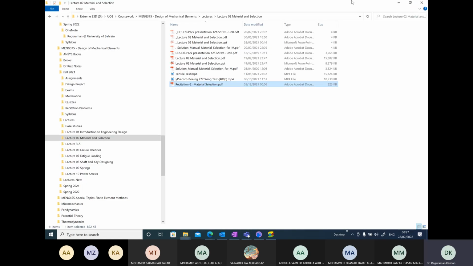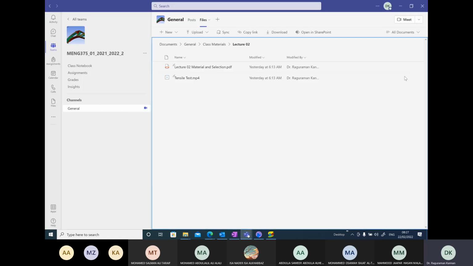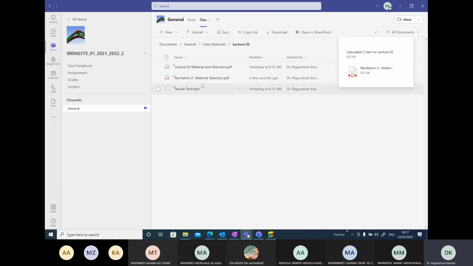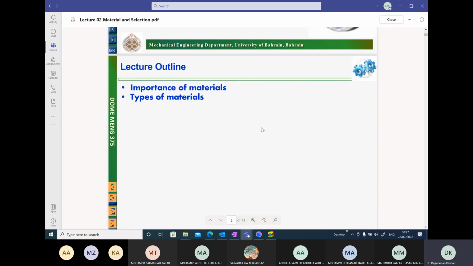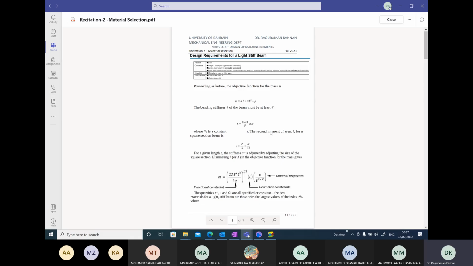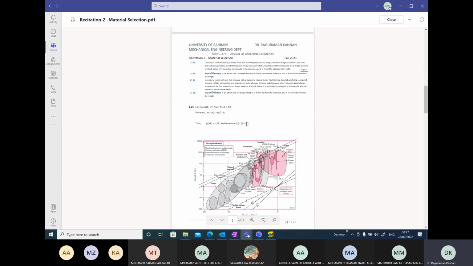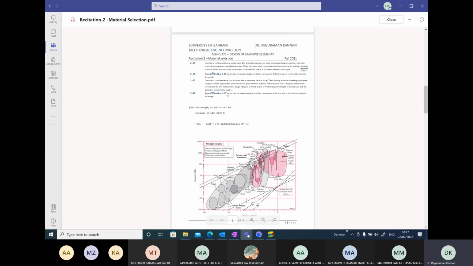Okay, if you open that, this one, you will see more example problems being solved. You can go through the problems.